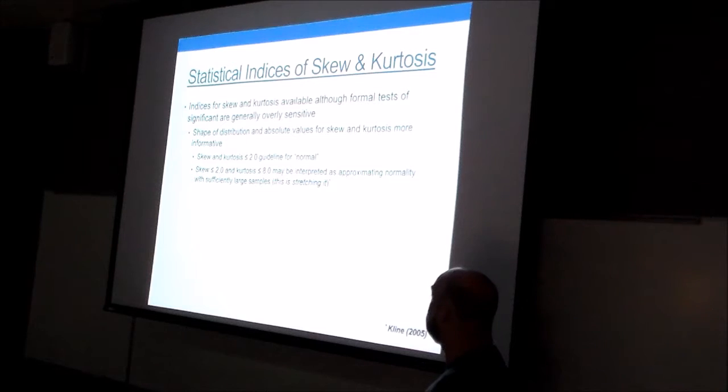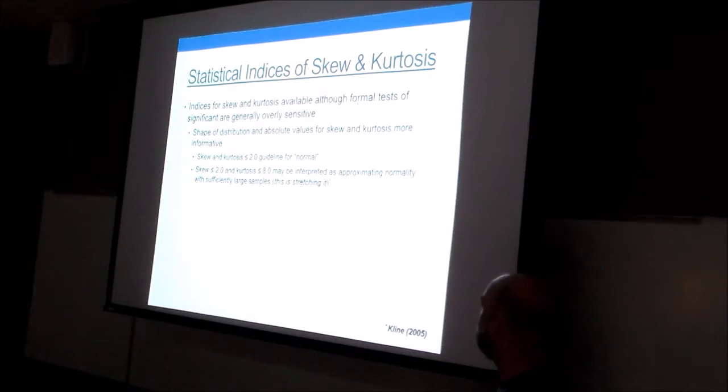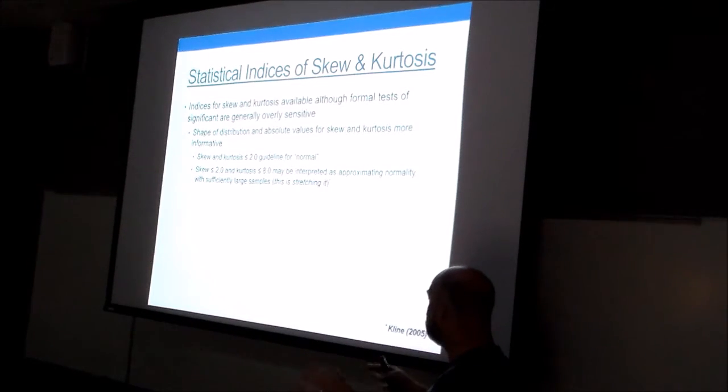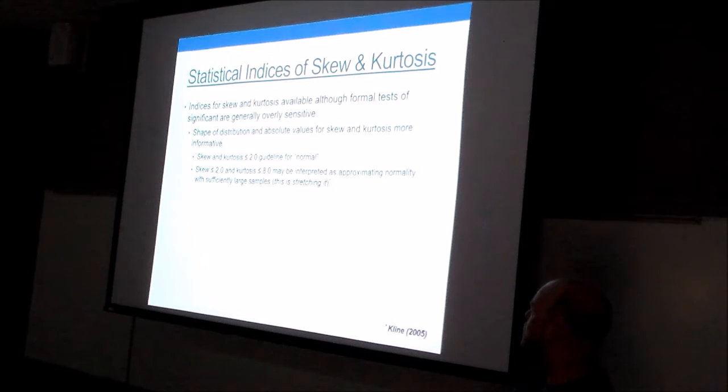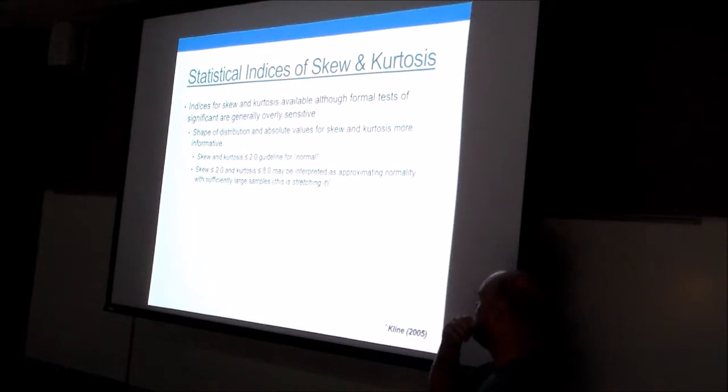But what we'll do is evaluate the shape of our distribution more in terms of the absolute values of our skew and kurtosis. In general, if we've got skew and kurtosis less than 2, it's approximating normality, kind of, right? If we start to get skew values of greater than 2 and kurtosis greater than 8, or less than 2 and kurtosis less than 8, we can start to talk about this as approximating normality with sufficiently large samples.